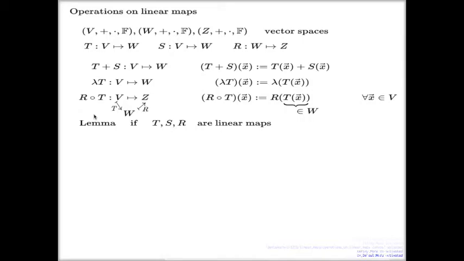If the original maps are linear, these three new maps we just built, sum, scaling, and composition, are also linear maps. That's the main thing which we need to know about these operations. So these operations give us a way of building new linear maps from existing linear maps at our hands.